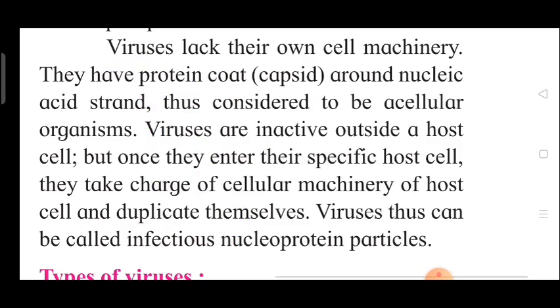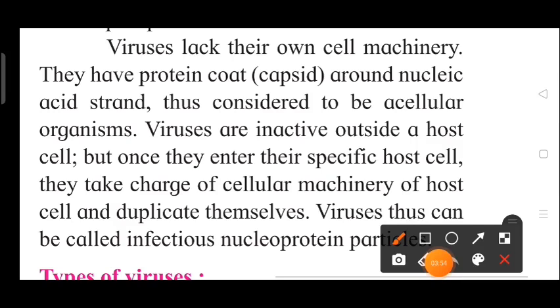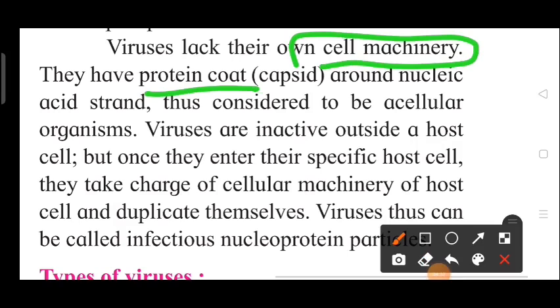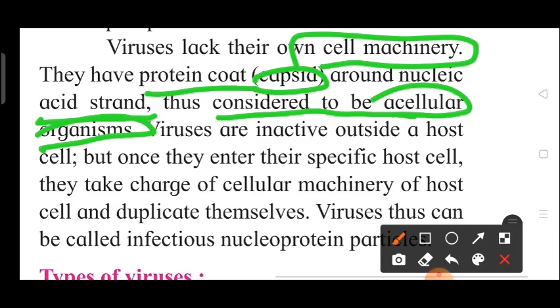Cell organelles are cell machineries. They have protein coat only, that is called capsid, around the nucleic acid strand. Nucleic acid may be in the form of DNA or RNA, thus considered to be acellular organisms. Therefore they are called acellular organisms.